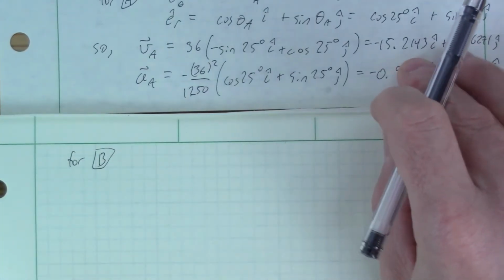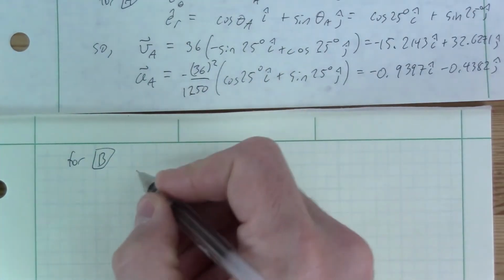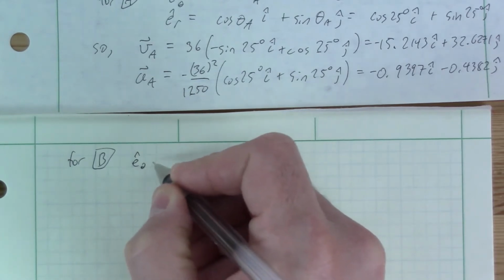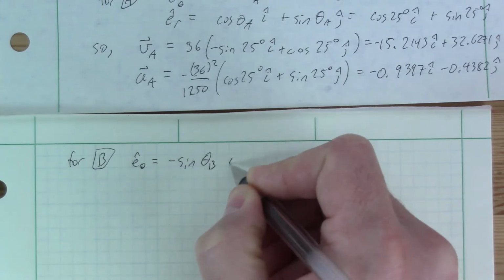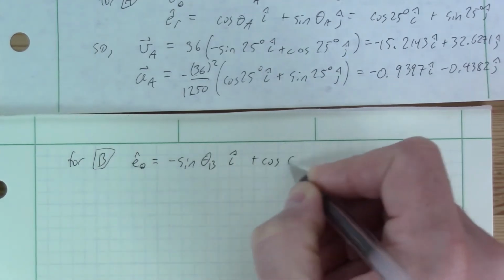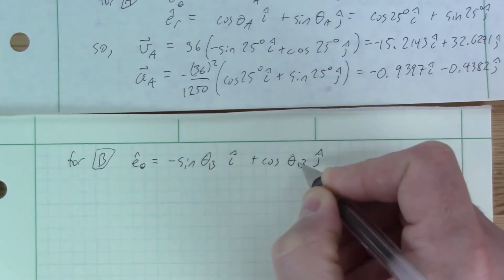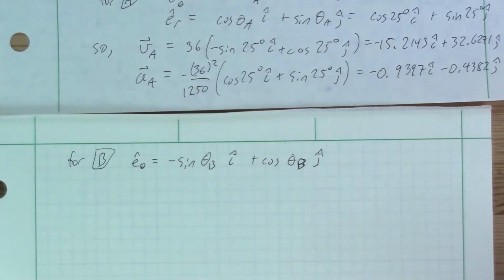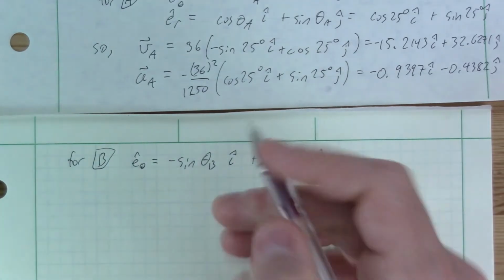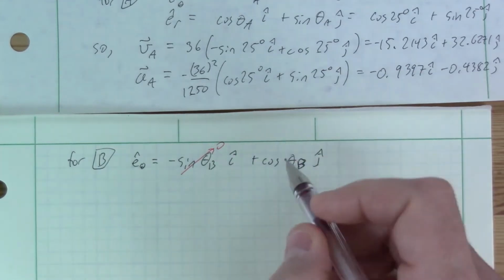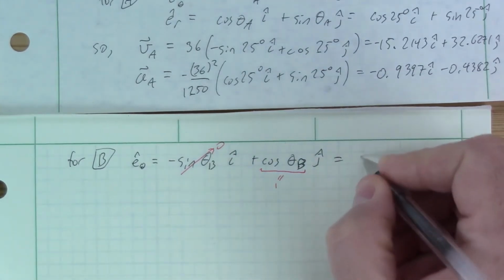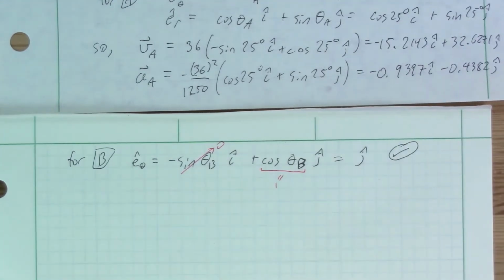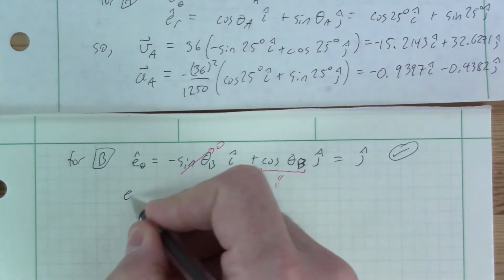But we can convince ourselves that this is true by running through the same procedure as we did here. E hat theta equals minus sine theta b i hat plus cosine theta b j hat. But theta b here is 0 degrees, so sine of 0 degrees is 0, cosine of 0 degrees is 1. So j hat. Good, check our work.